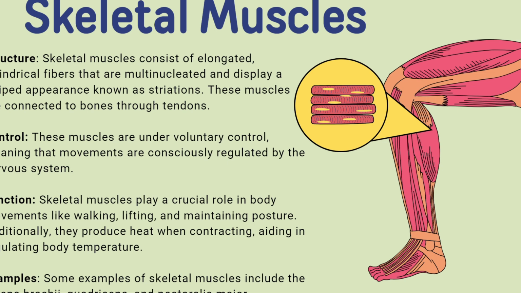All right. Next, we have function. Skeletal muscles, as I said, play a crucial role in body movements, and other than that, they also carry out inactive actions like maintaining posture and giving your body flexibility so that you can stand fixed in one place without breaking down. It serves as a good support.